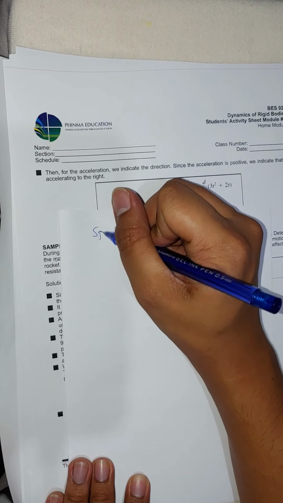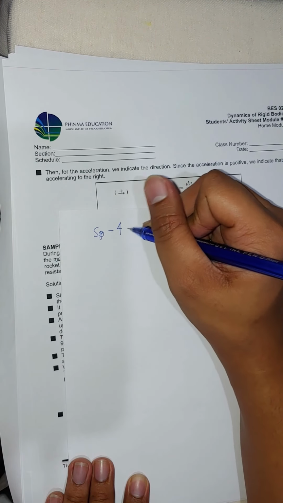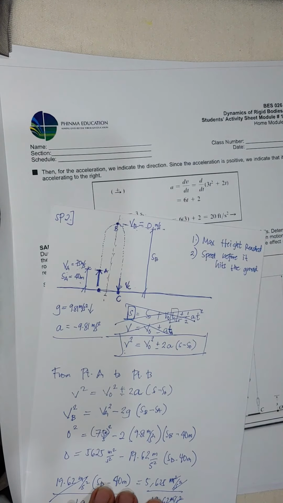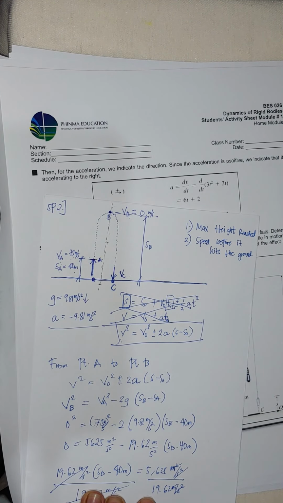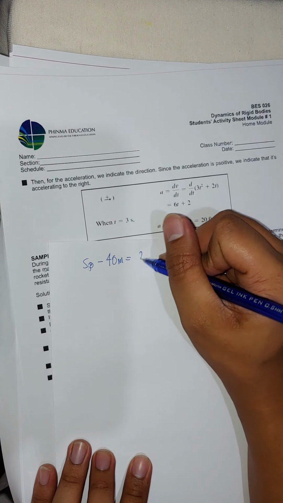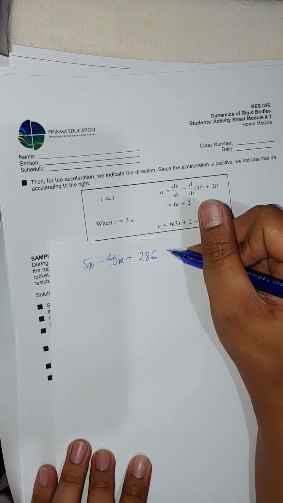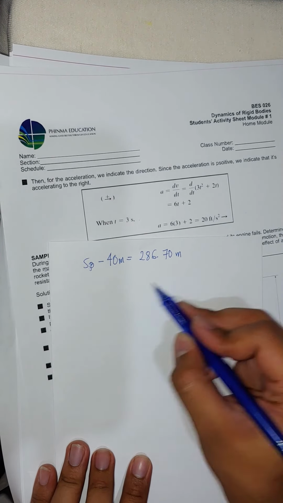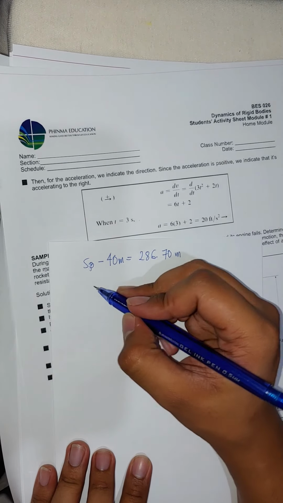We have the final or maximum height reached: SB minus 40 meters is equal to 5,625 divided by 19.62, that is equal to 286.70 meters. So combining, we transpose the 40 to this side.